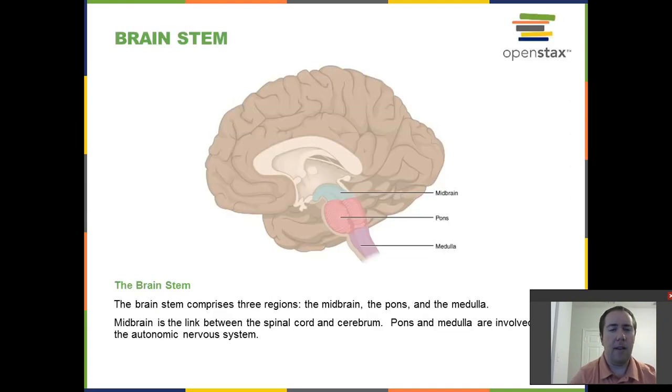I guess that's all I got for the brainstem. So the pons and the medulla are part of the autonomic nervous system.